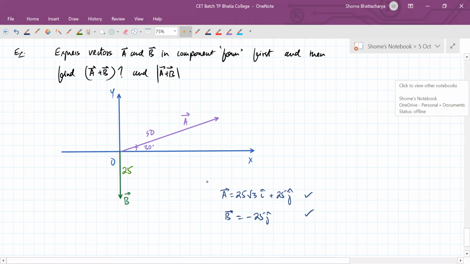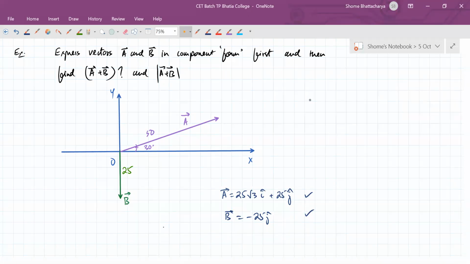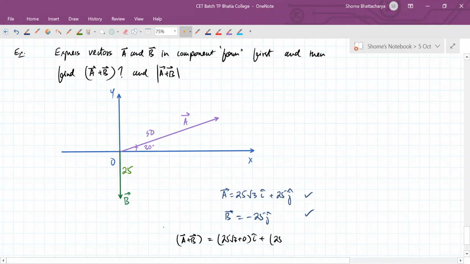Now the next thing is you have to find the sum of the vectors, the resultant. So just use normal component algebra to add them. The resultant will have an x component of 25 root 3 for A plus 0 for B, and a y component of 25 for A minus 25 for B. So you can see that the resultant is just becoming this.